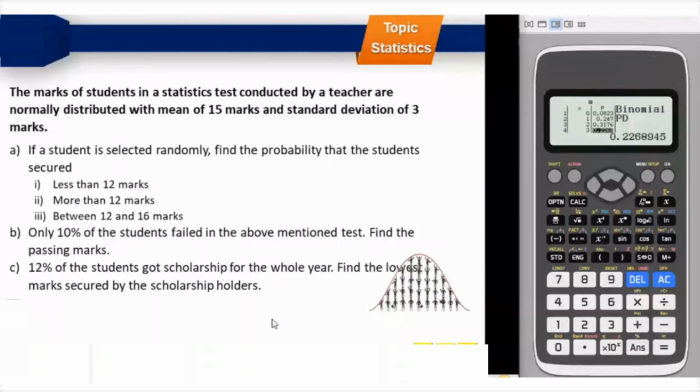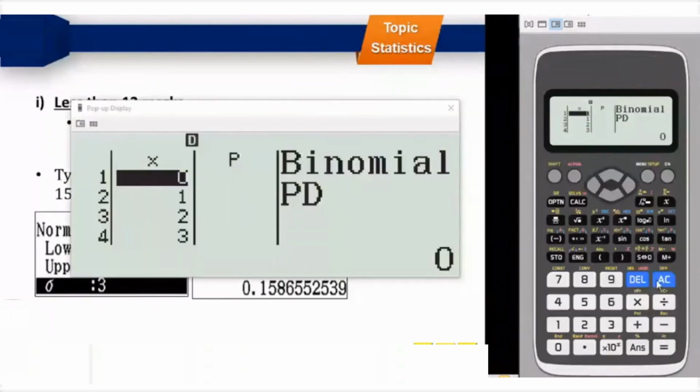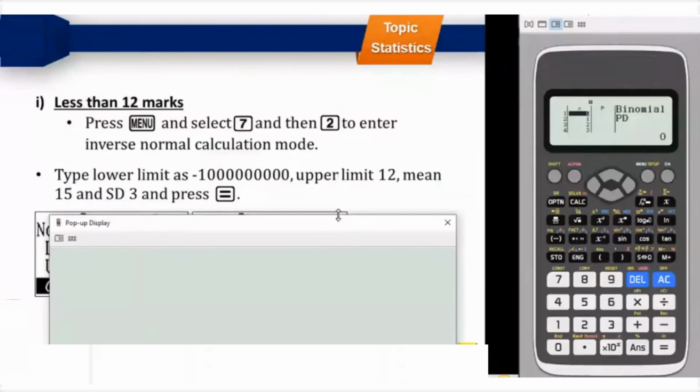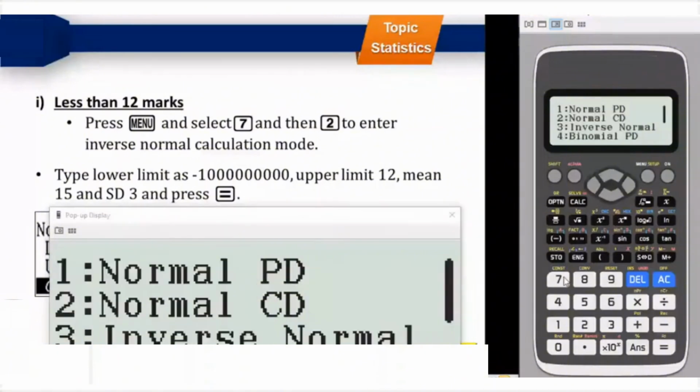So in order to solve questions regarding normal distribution, I will first press menu 7 and go on to the distribution mode. And normal distribution is usually continuous normal distribution because it always tells us the data from very low values to very high values.